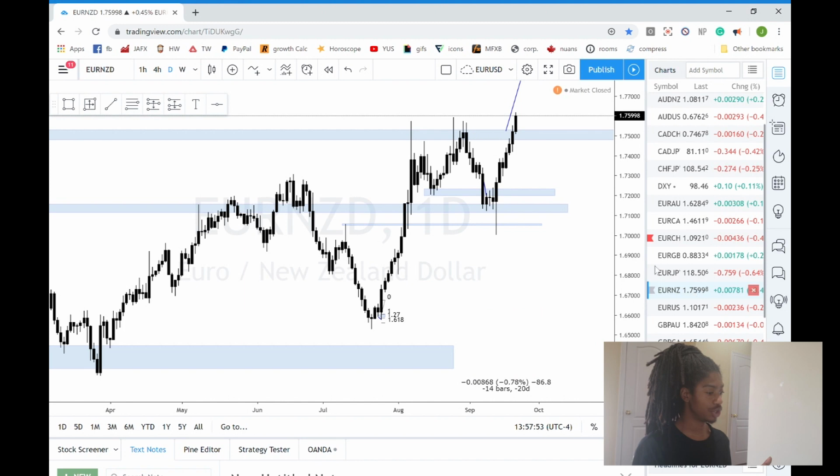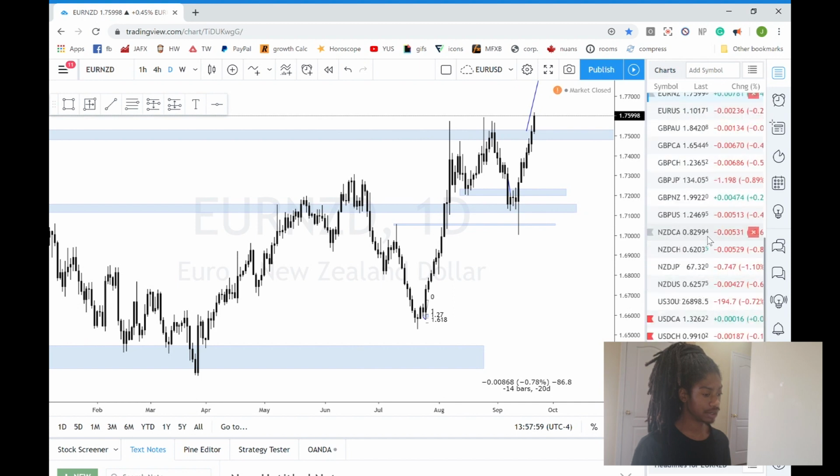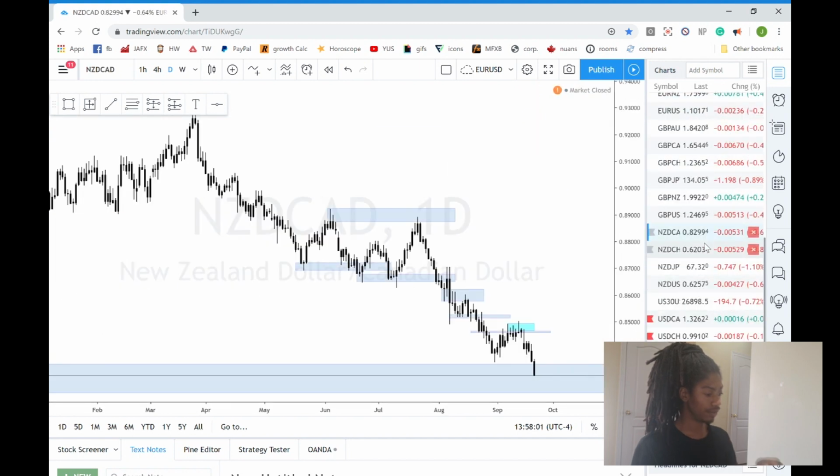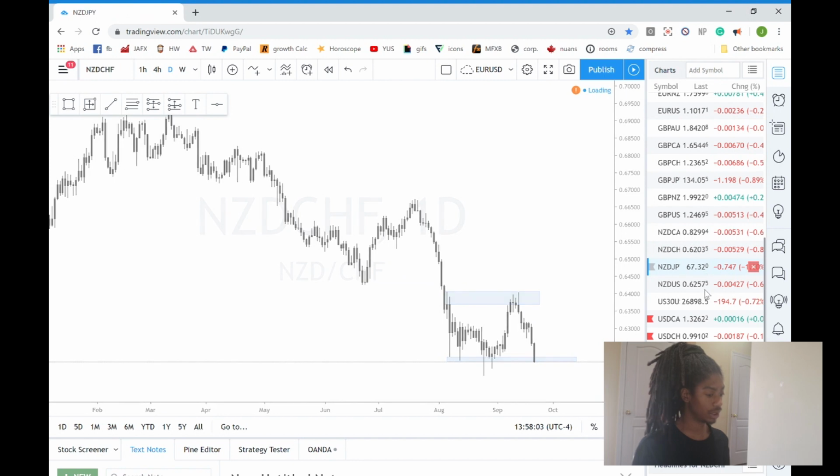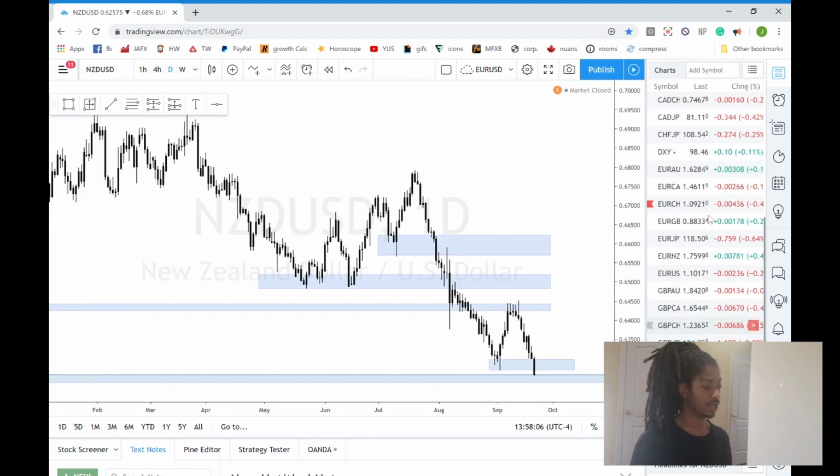The only thing is the Euro NZD, and I believe this is because the New Zealand dollar is very weak right now. Like if I just touch on some of these pairs, very weak. It's falling, very weak, right? So that can totally be the reason why Euro New Zealand is being pushed up.